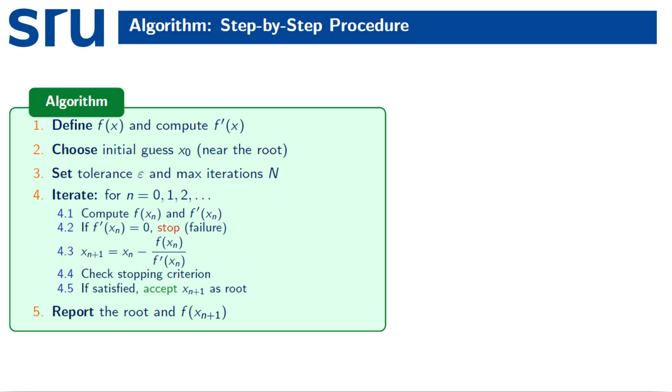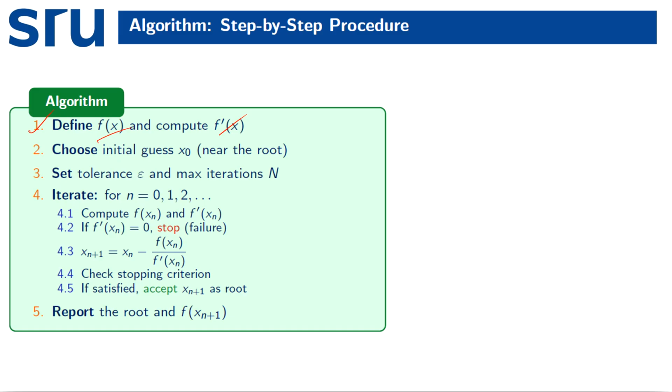First step is to define the function. First step is very simple. Define the function f(x) and compute the derivative f'(x). This is very important because the entire method depends on the function's value and its slope, that is the derivative f'(x). So make sure you correctly calculate the derivative.